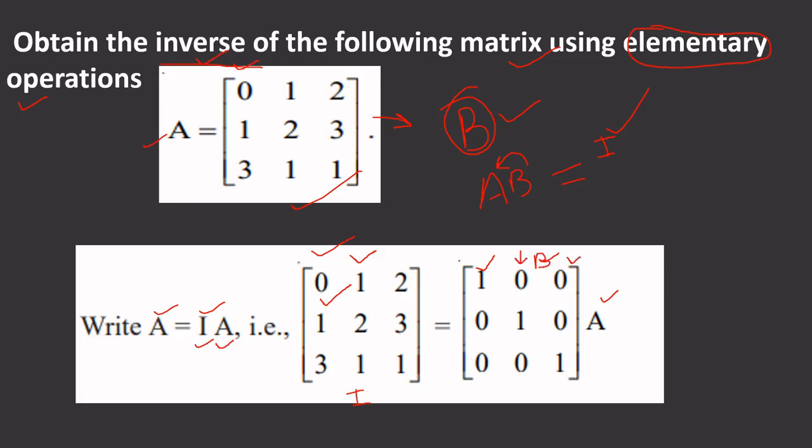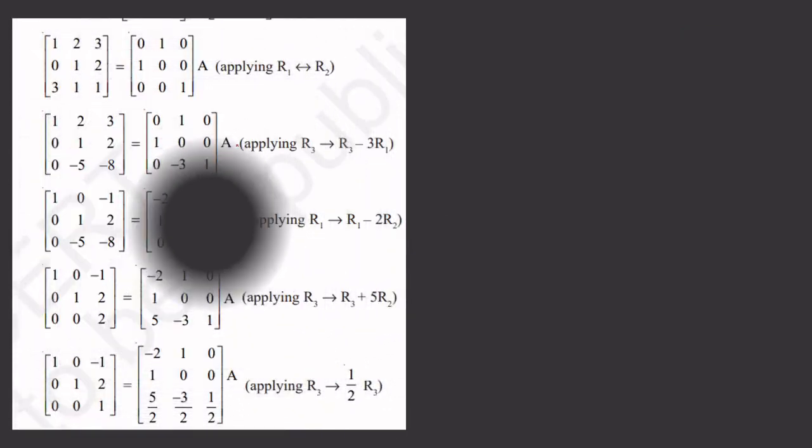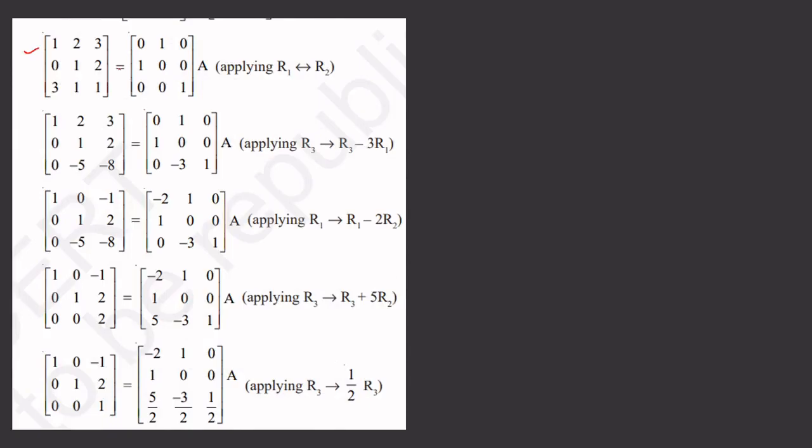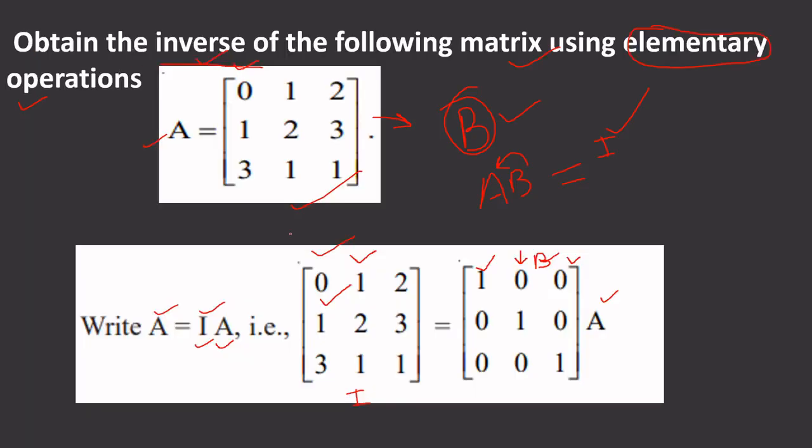Now for further understanding, starting with different types of operations, these are our questions. Okay, now we have to convert this matrix into this matrix: this 0 1 2, 1 2 3, 3 1 1, we have to make the diagonal 1 1 1 and make the other elements 0.